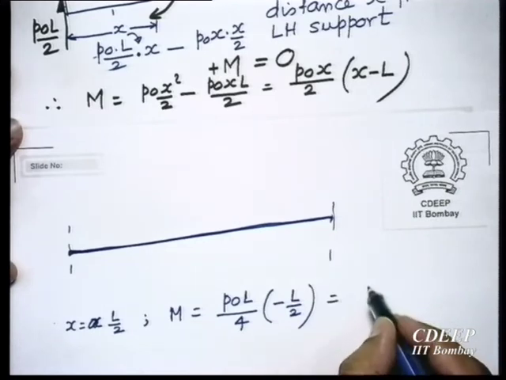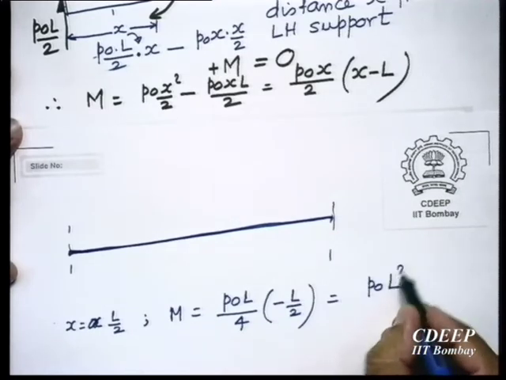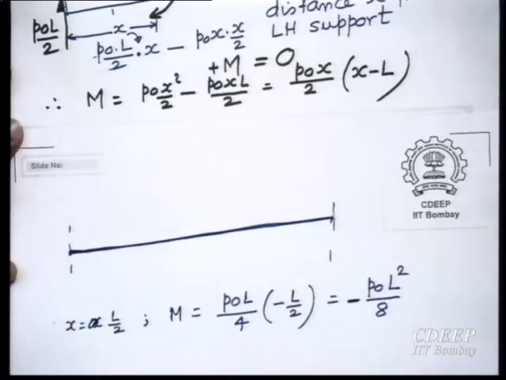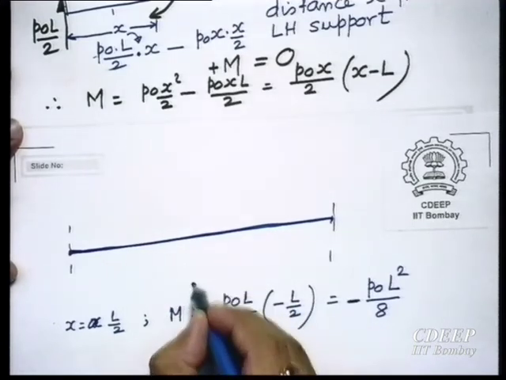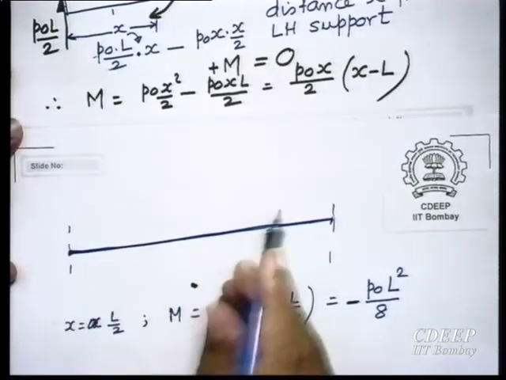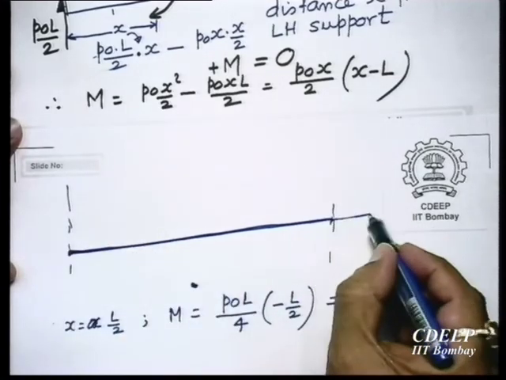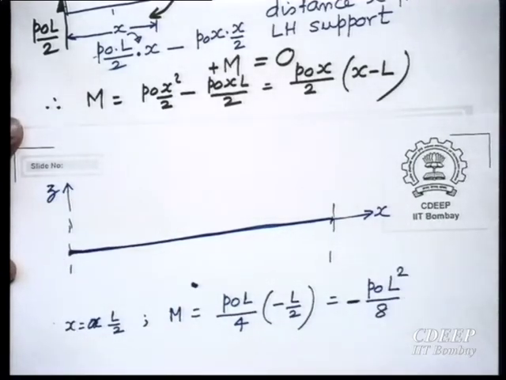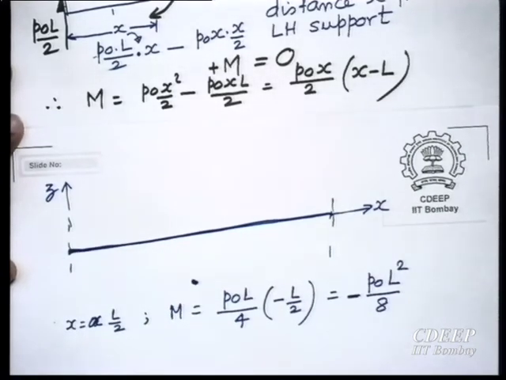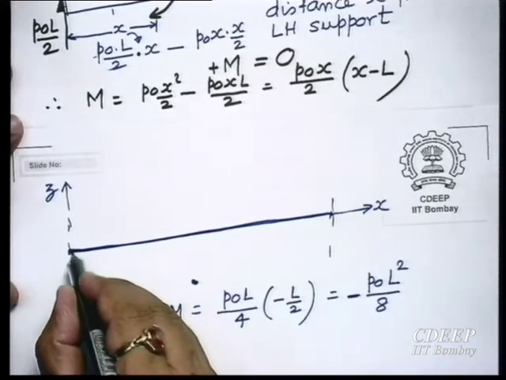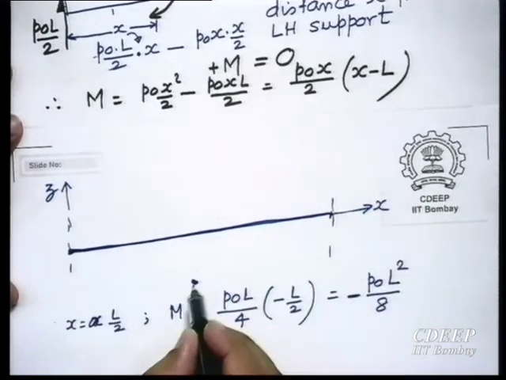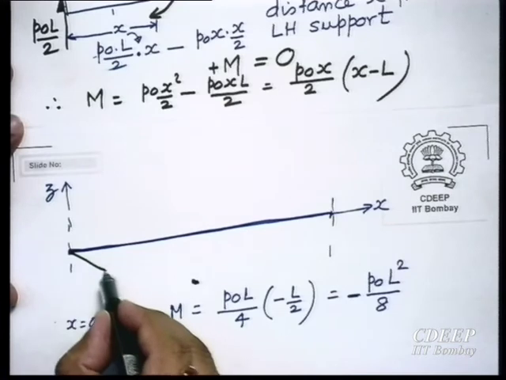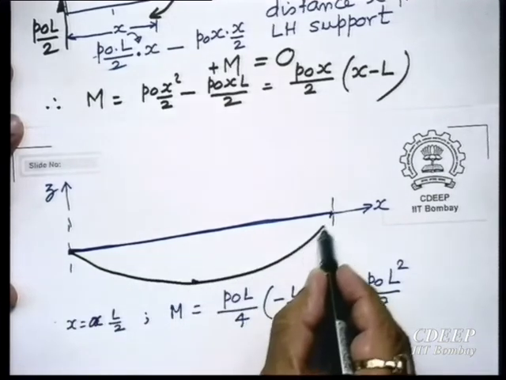So that becomes P naught L square by 8 with a negative sign. So in the center it is something here, negative. Negative means this direction is positive, this is x, and I am drawing above and below. So if you plot the entire thing, you will get a quadratic, 0 here, maximum in the center, a curve like this.